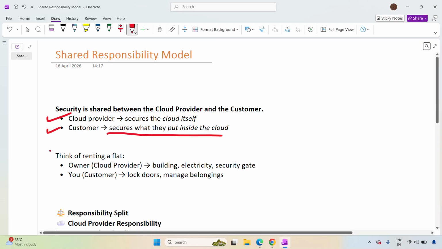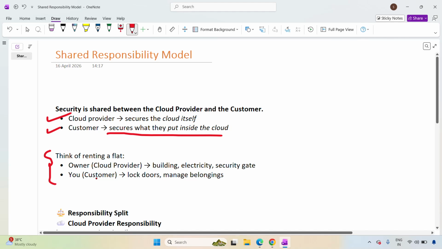Now let's consider a very general case. Let's say you are staying in a rented house and you go out somewhere, and when you move out you forget to lock the door. Someone enters your house and some valuables are taken away. Who is responsible now?